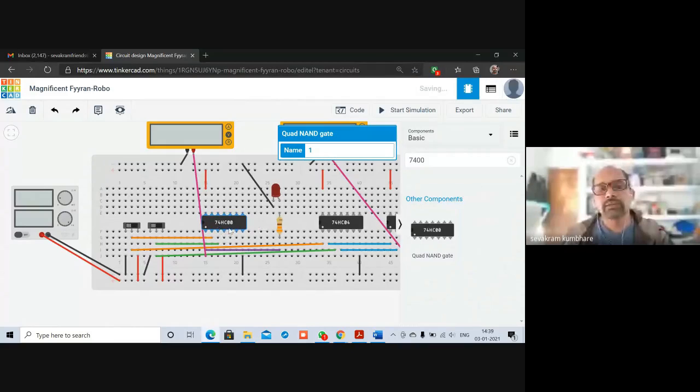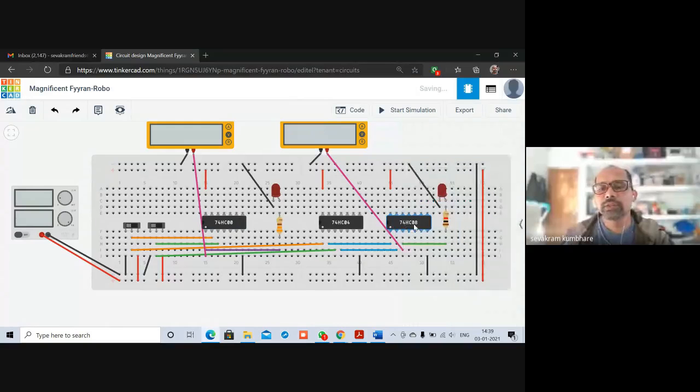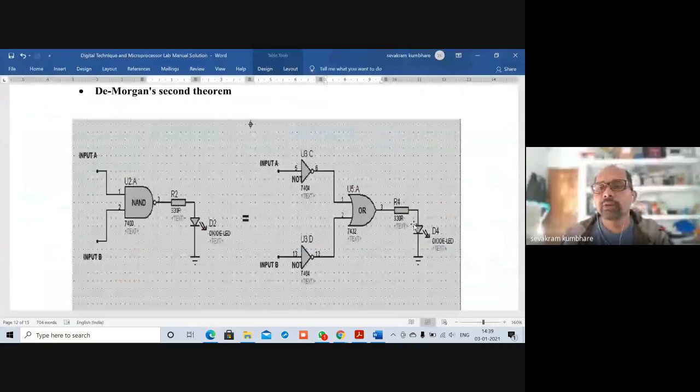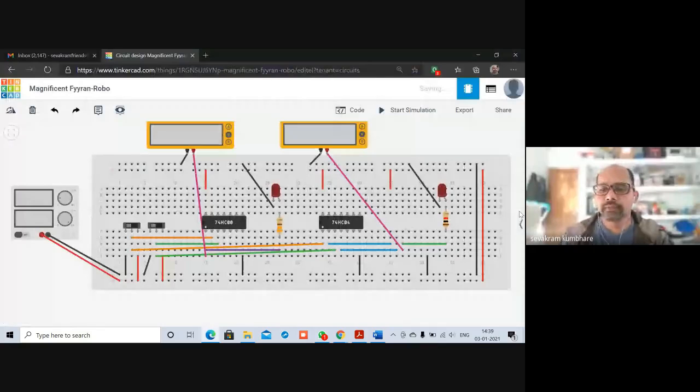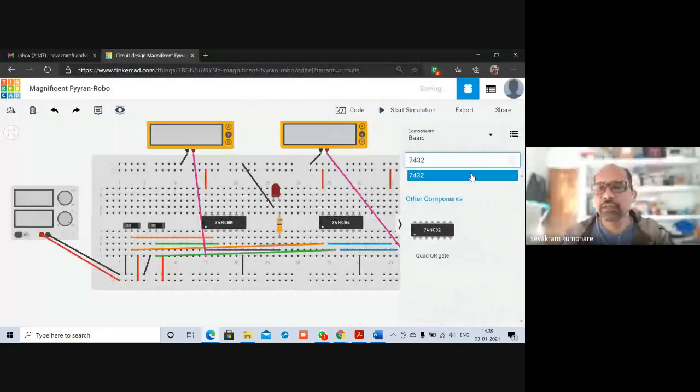Okay, so this 7400 I have connected. Now here, instead of this 7408, I'm going to connect 7432. We'll cross verify the circuit only. Okay, so I have connected this.